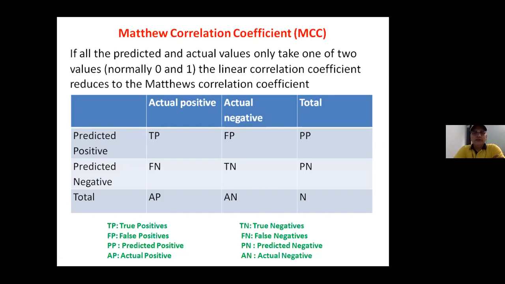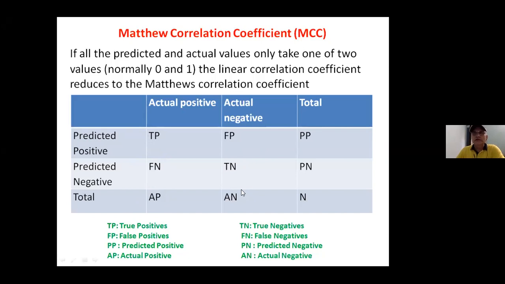For the ROC curve, we plot sensitivity and specificity. Now, what is sensitivity? Sensitivity is nothing but the true positive divided by the actual positive. And what is specificity? Specificity is nothing but true negative divided by the actual negative.